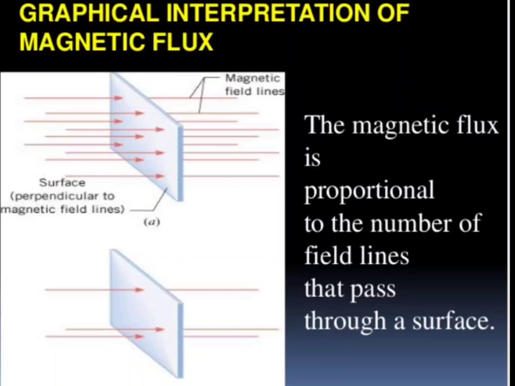The magnetic flux is proportional to the number of flux lines passing through this unit area, and you observe that this surface is taken perpendicular to the magnetic field lines. Whenever more flux lines pass through this surface area, it has more flux density. That means the flux density B depends upon the total number of flux lines passing through this surface area.